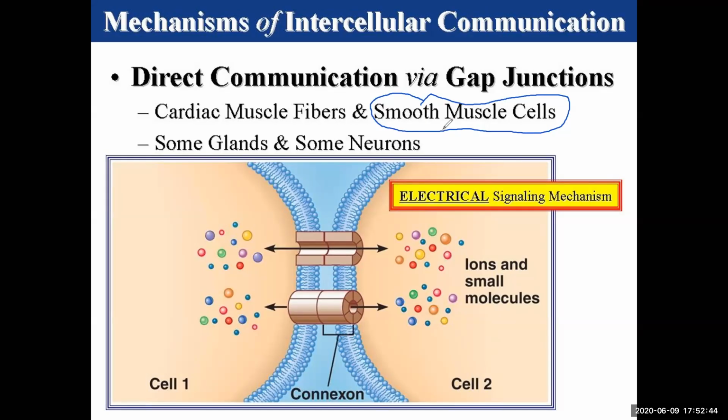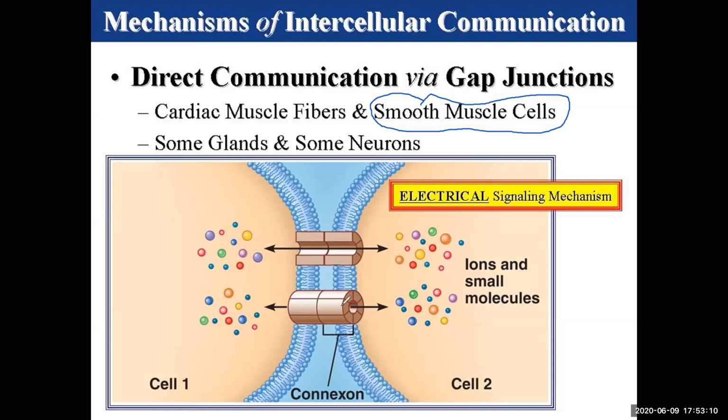So these smooth muscle cells rely on the gap junctions to control smooth muscle contractions that are in the wall of our digestive tract, meaning the stomach, small intestine, large intestine. So those are a few examples along the digestive tract.